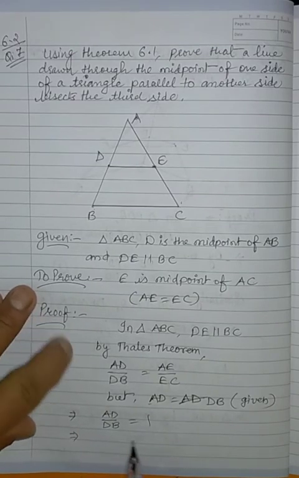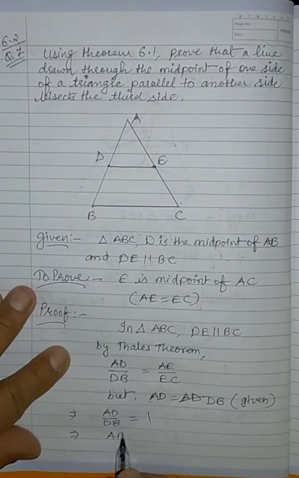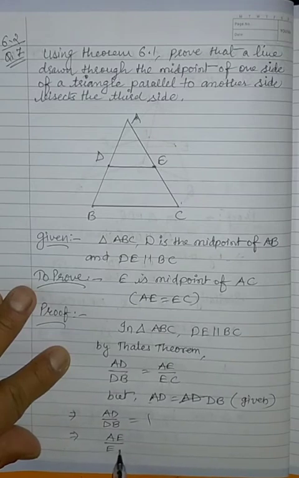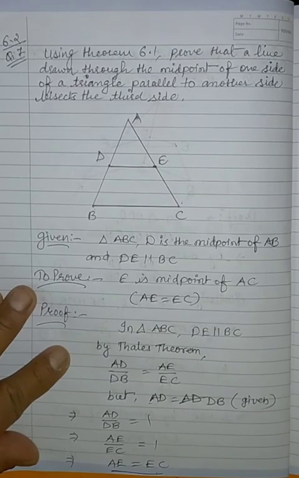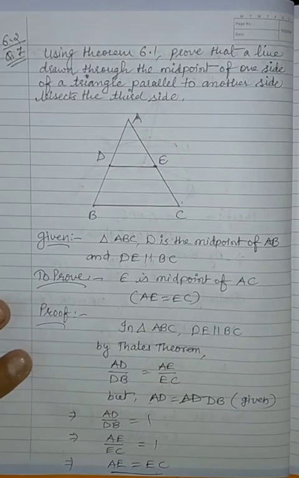This means that AE upon EC is equal to 1. This means that AE is equal to EC if we cross multiply here. So here we proved that AE is equal to EC. That means E is the midpoint of AC.